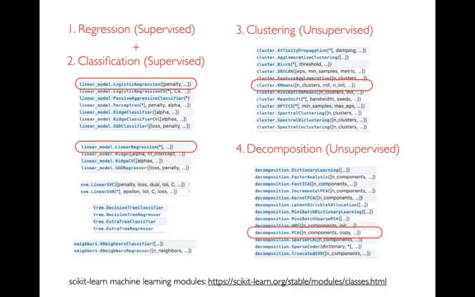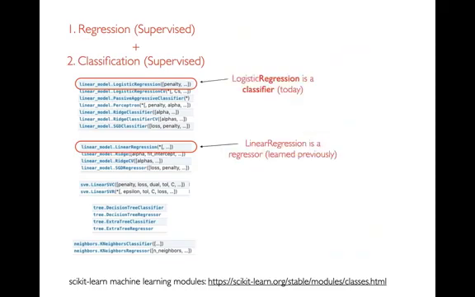So, as I've mentioned, we have these big categories, and sklearn has so many different algorithms or implementations for each of them. The one we've learned so far is linear regression. That's what we've been using for regression. So a linear regression model is what we call a regressor.